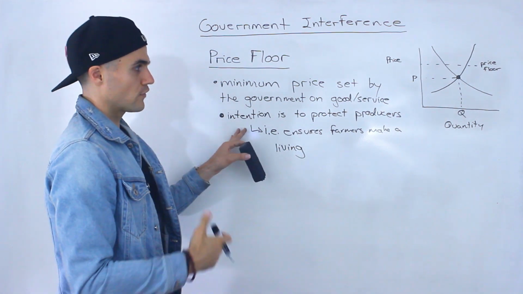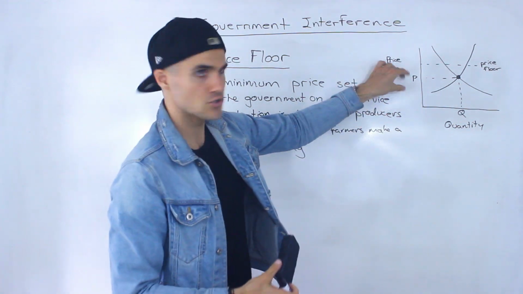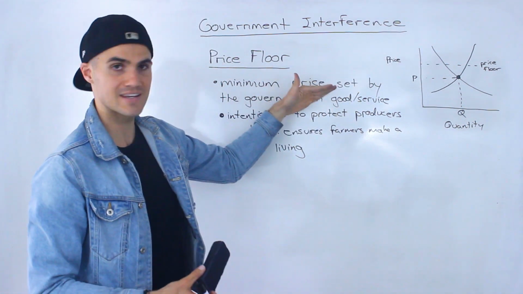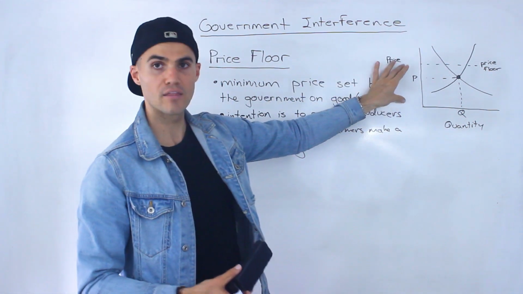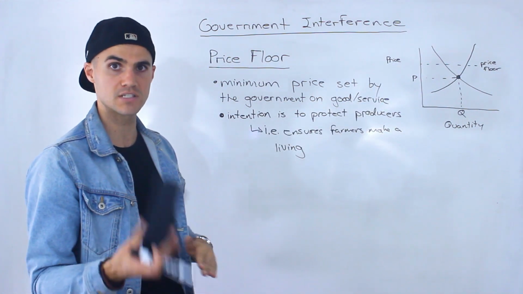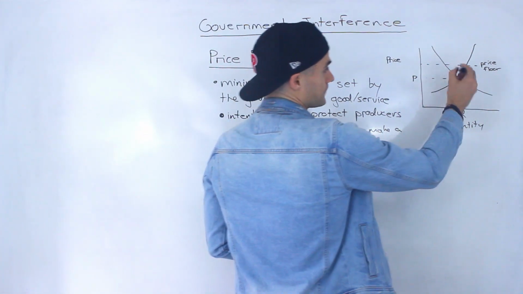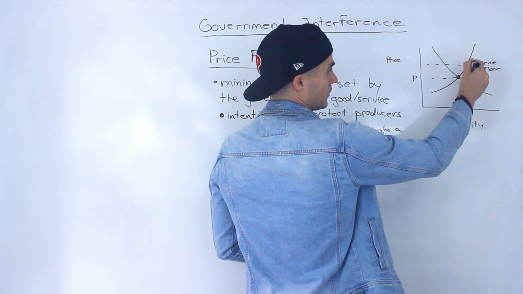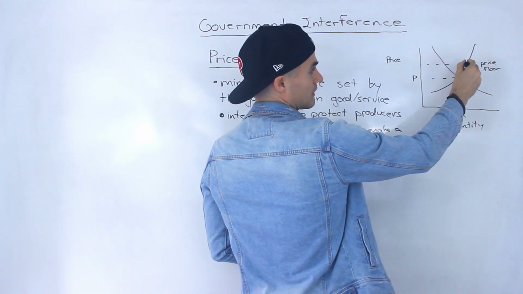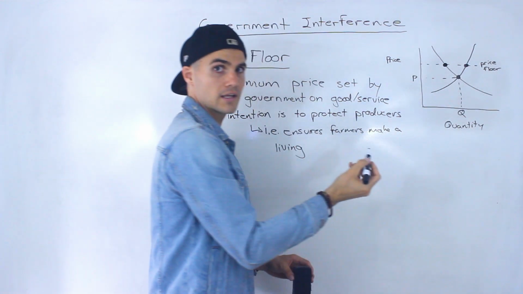So the government starts to interfere and say, no, we need you supplying this essential good or service, so we're going to set a price floor. We're going to set a minimum price that the market has to pay for that good or service in order for you to continue supplying it. But notice over here, if the price floor is here, then that quantity supplied is going to be greater than that quantity demanded.